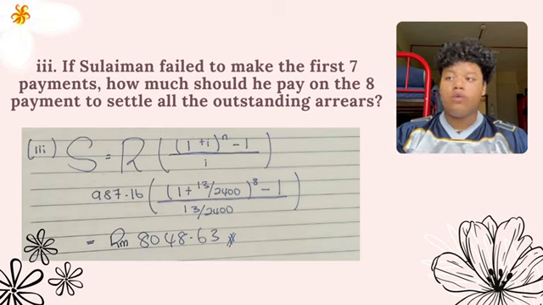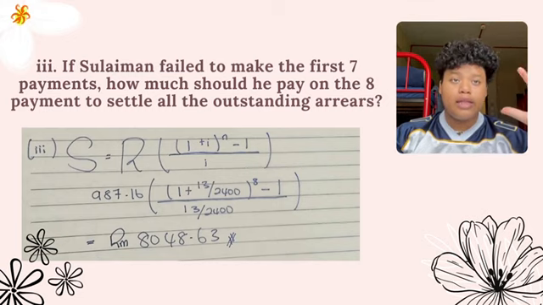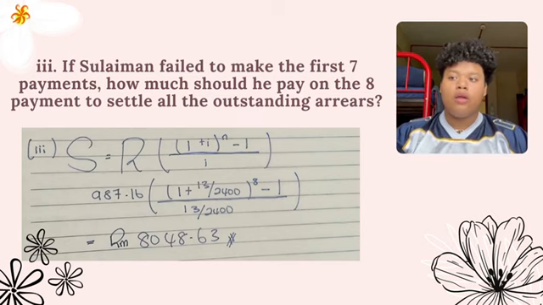You need to change the power of N to 8, because Sulaiman needs to settle all the payments at the 8th payment.